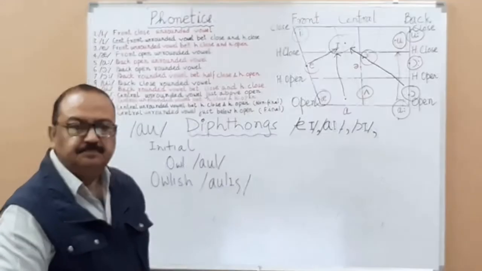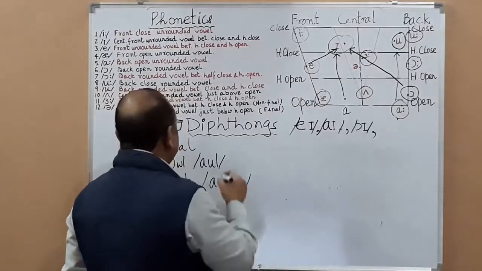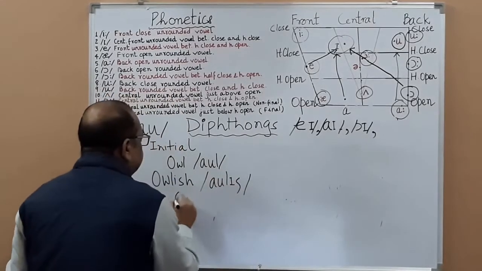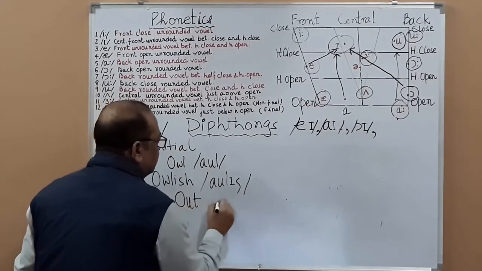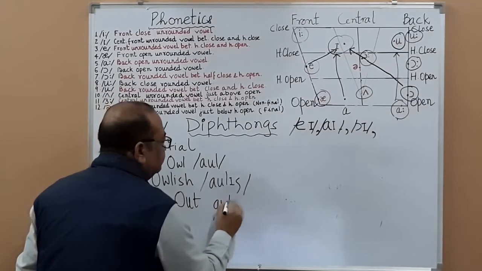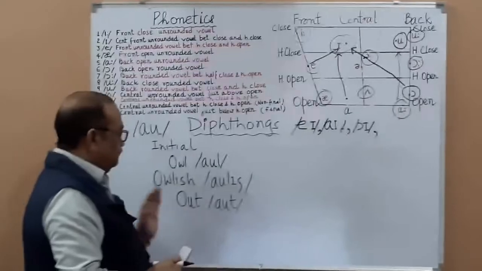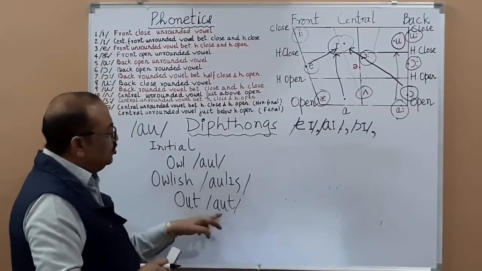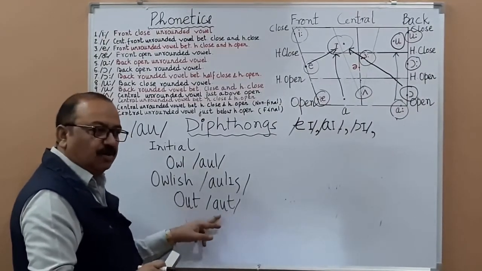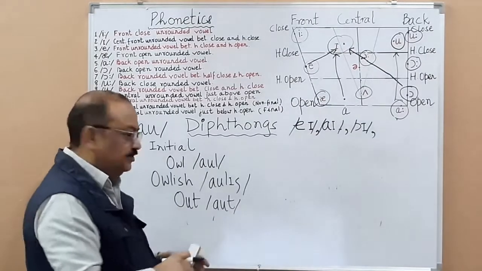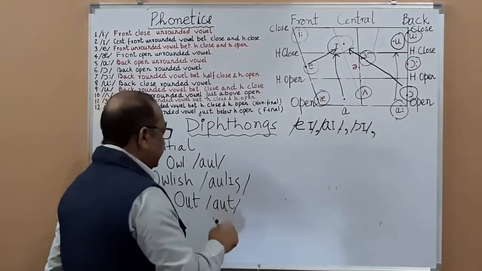Out. Good. You don't have to do anything. You have to simply change OU to IU. Out. Output.